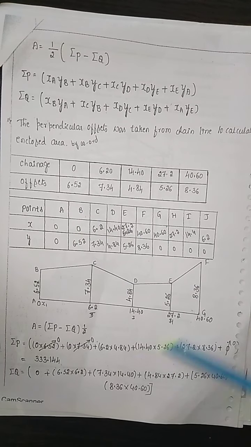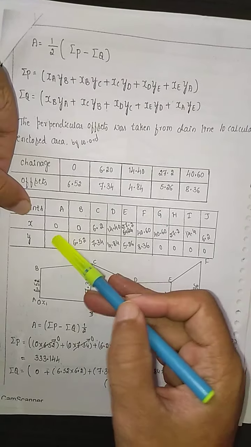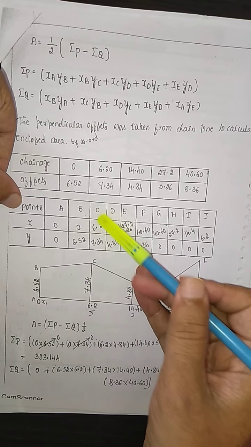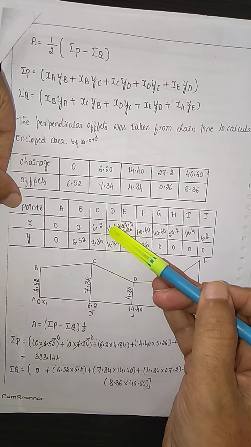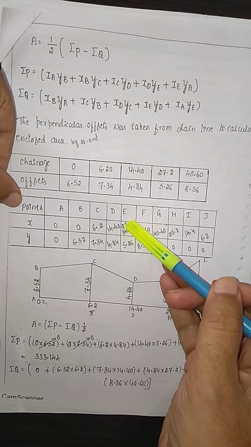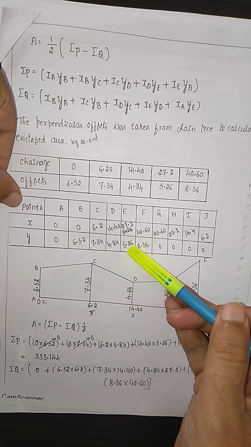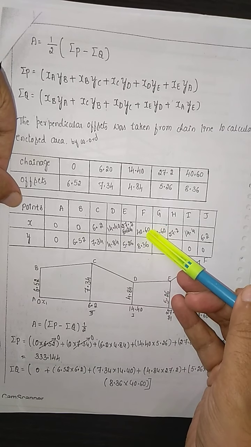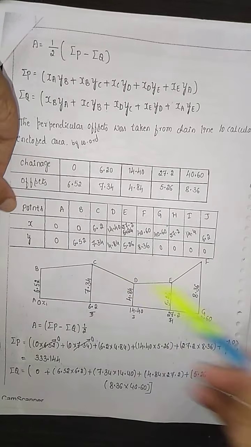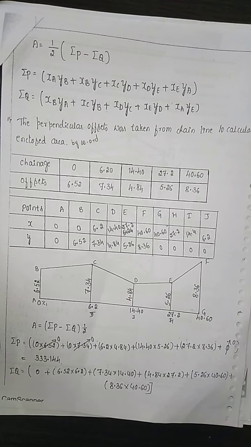So this is what the data will be given to you. Now this is xa, ya, xb, yb, xc, yc, xd, yd, xe, ye, xf, yf. So like this you need to have this understanding.